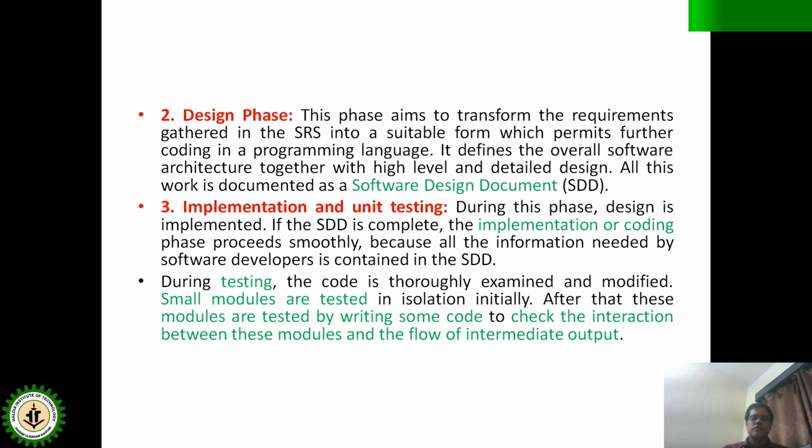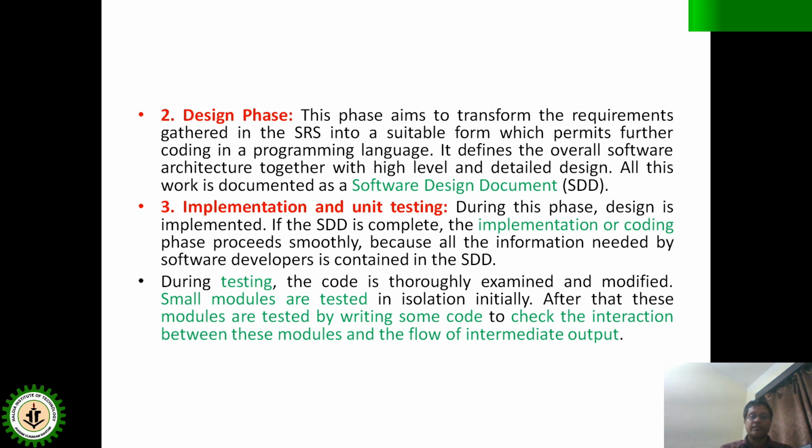Here also specific tools and software are used, mainly Rational Rose, which is proprietary to IBM, and also SmartDraw. With the help of these we can develop diagrams which will be handy to the software developers.